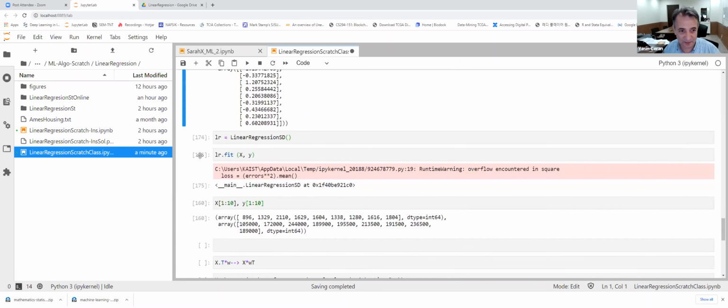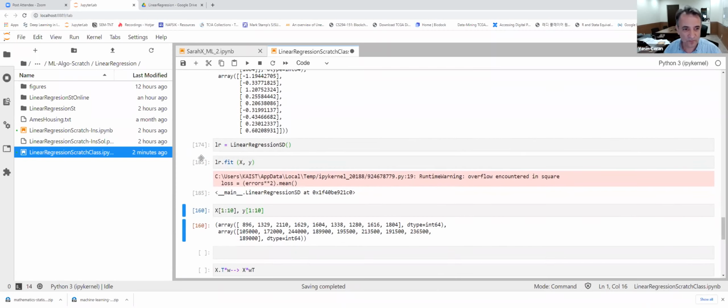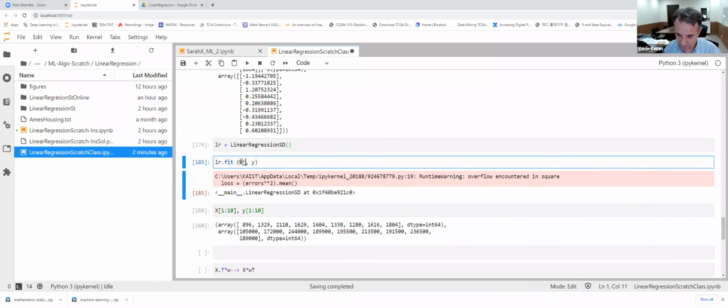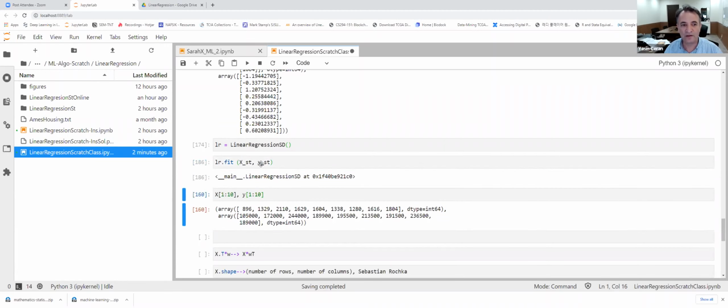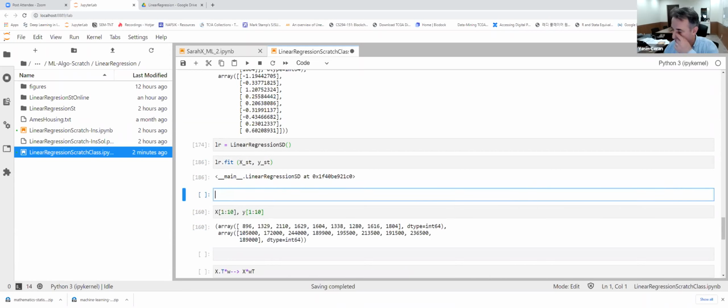Okay, let's now do this. So I fit my data. Let me also take the score, LR.score with X_st and y_st.